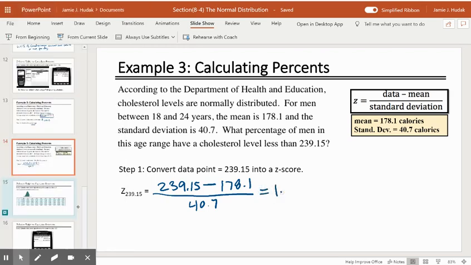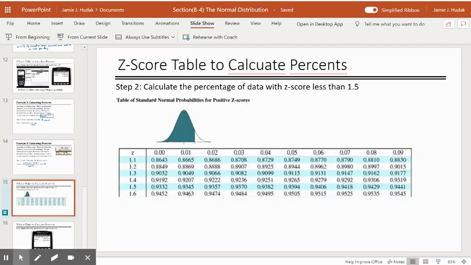And we get 1.5 as our z-score. I've cropped out the part of the table where 1.5 shows up. Since it's 1.5 exactly, we use the column with 0. We're not adding any other decimals to it.